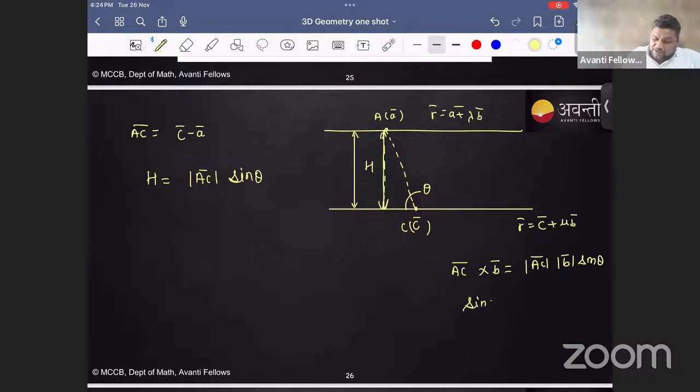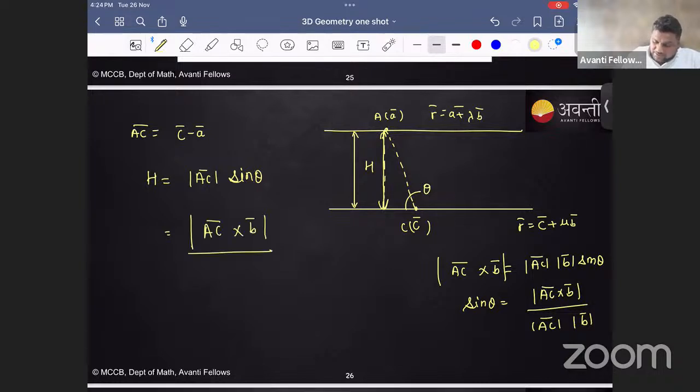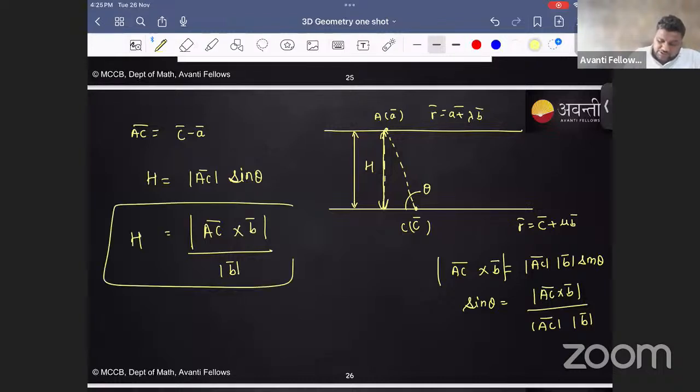So you got sine theta as magnitude of AC cross B upon magnitude of AC magnitude of B. The magnitude of AC sine theta is magnitude of AC cross B upon magnitude of B. This is your H, shortest distance between these two parallel lines.